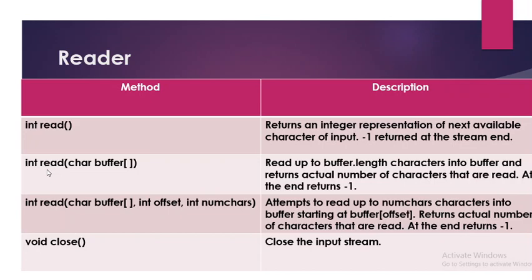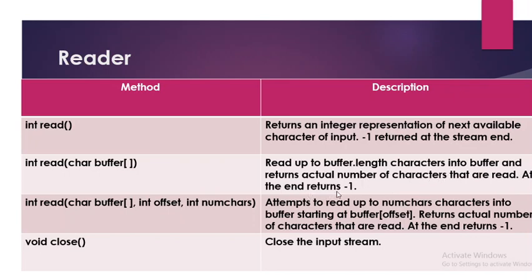Next, we have multiple overloads of the read method. This is the overload: int read with a char buffer argument. That means here we have an array of characters as the argument. This method is used to read up to buffer length characters into the buffer and return the actual number of characters that are read.